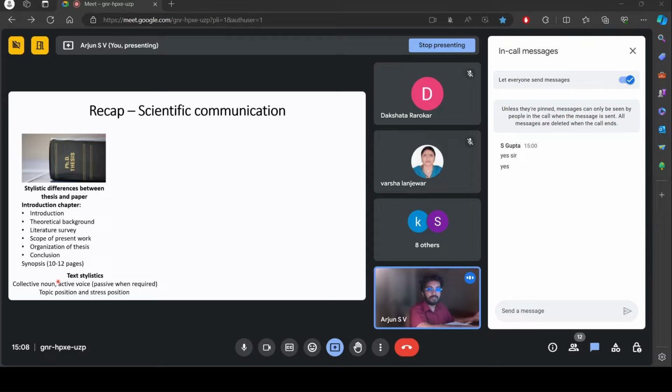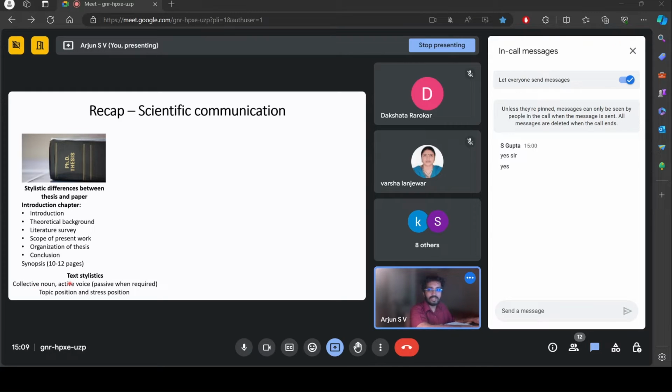So it's important to acknowledge your principal investigator and any other person who performed the experiment with you. And therefore, whenever we are writing a thesis, we should address everything in the collective noun, and write everything as we.